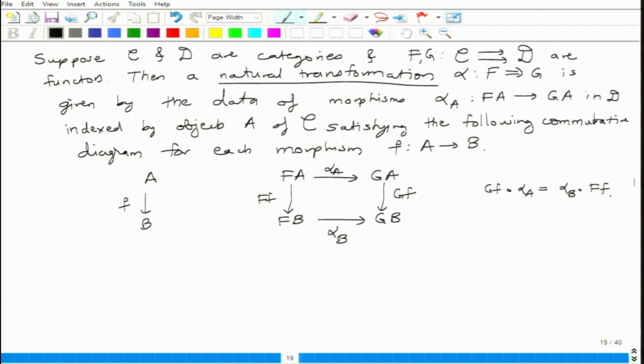Okay, so this is the data. Why is it called a natural transformation? Because you are not just choosing one morphism. You can't just make one choice and then hope that it can be extended to a coherent choice of morphisms. Here we are making so many choices. If C happens to be a very large category, like the category of sets, then we are making so many choices at the same time.